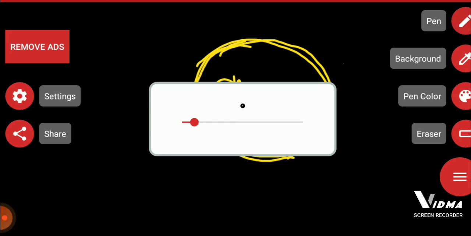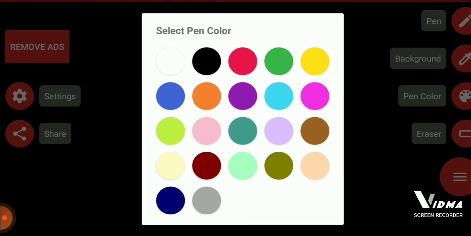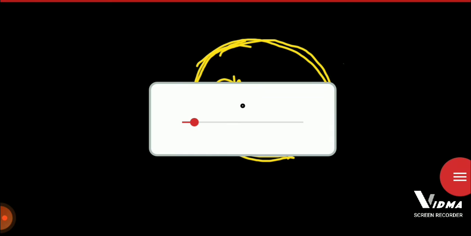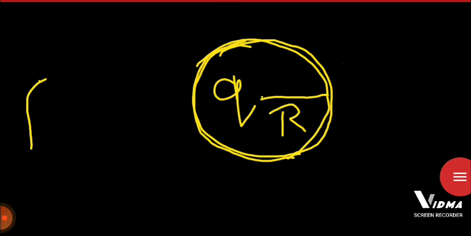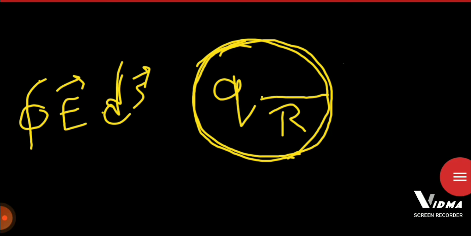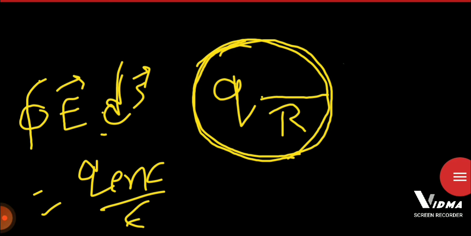So what is Gauss's Law? Let's write that. Gauss's Law is closed loop integration of E dot dS vector equals q enclosed by epsilon naught. So this is Gauss's law.